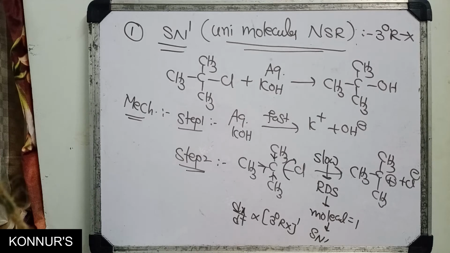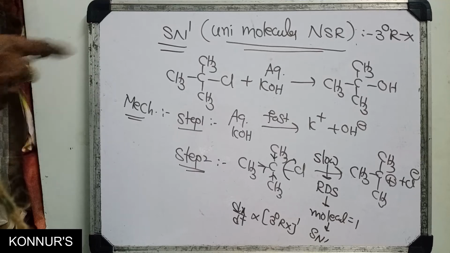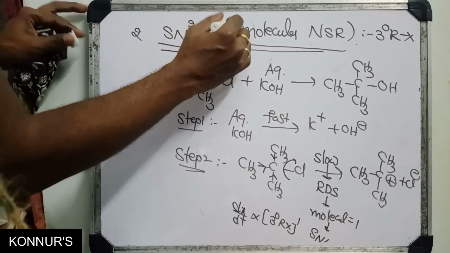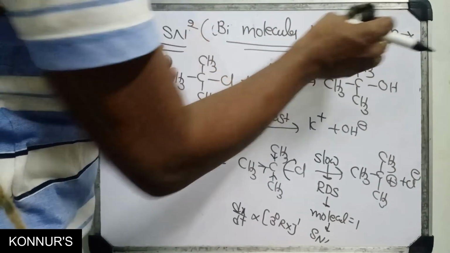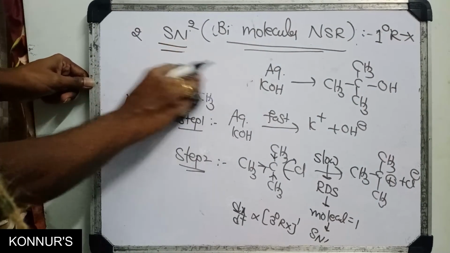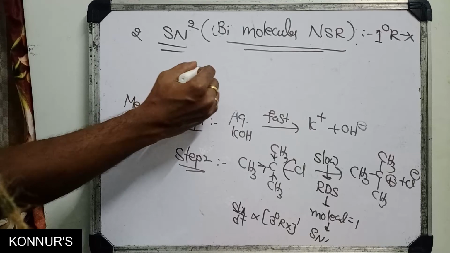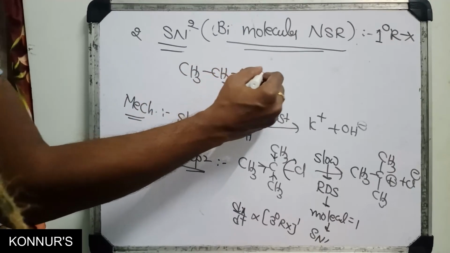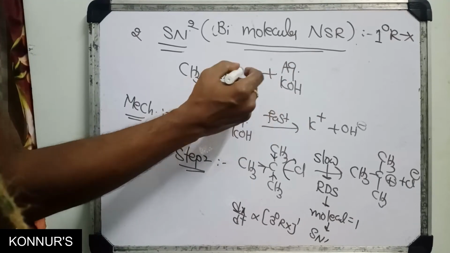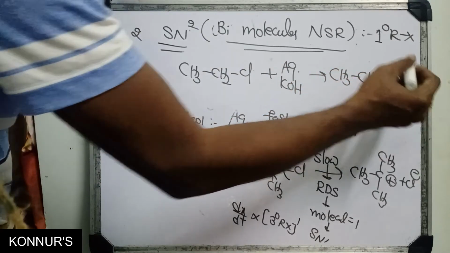Next, another example: SN2, which is bimolecular. Where does it happen? In primary alkyl halides. For example, CH3CH2Cl treated with aqueous KOH gives CH3CH2OH.